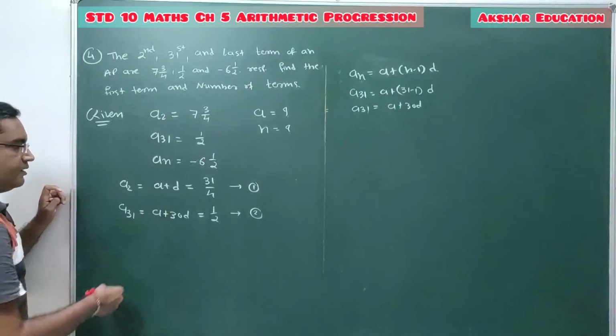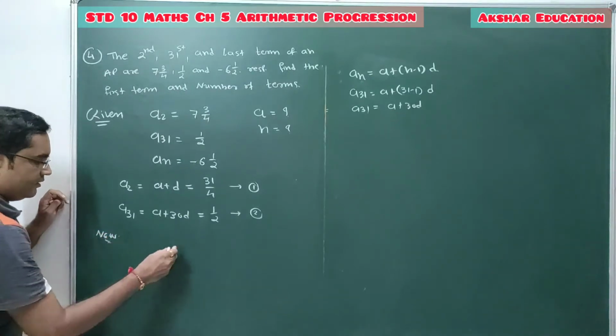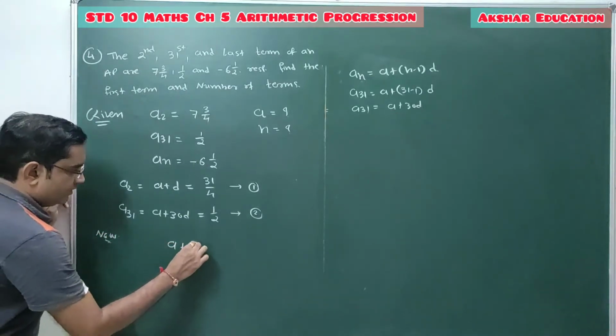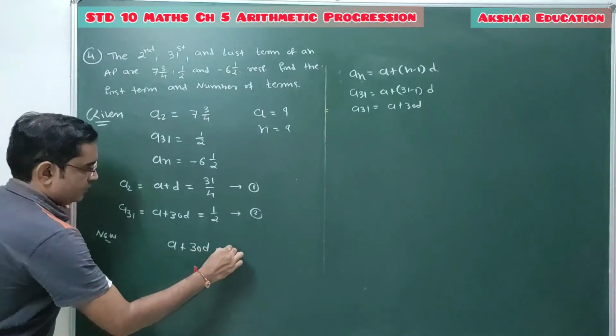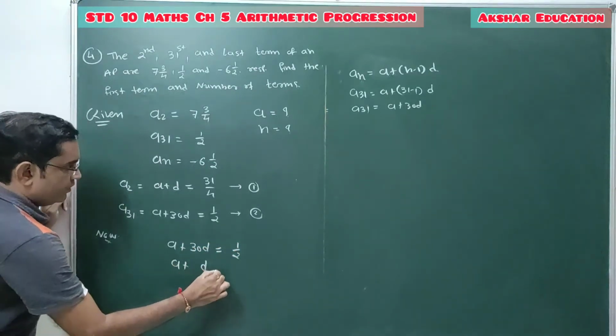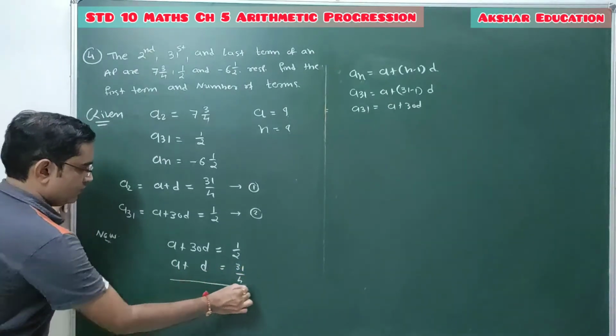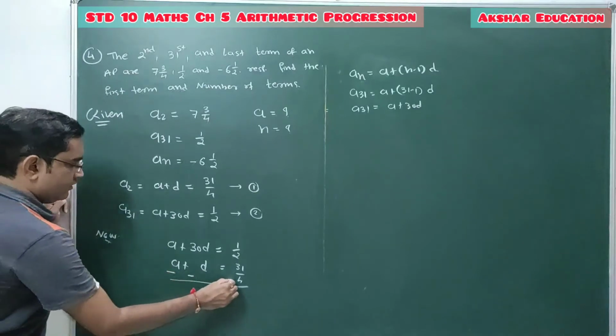Now take the subtraction of these. So we can write like this. Suppose the first equation is a plus 30d equal to 1 by 2, and the second equation is a plus d equal to 31 by 4. Subtraction: minus, minus and minus.